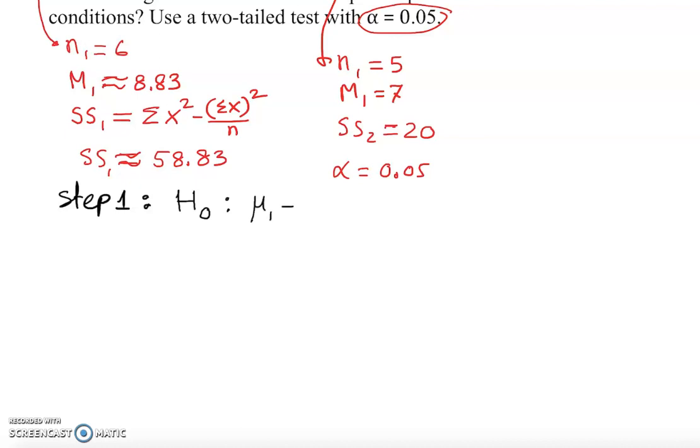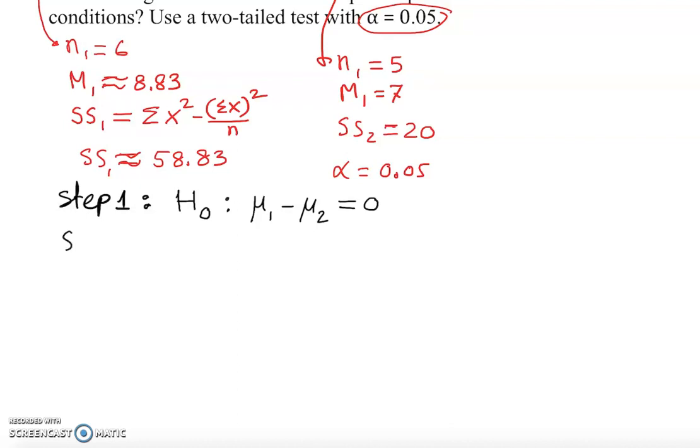Population mean 1 minus population mean 2 equals 0. We assume they are equal. Some books write population mean 1 equal to population mean 2, which is fine. Or some books say population mean A minus population mean B equals 0. Again, all of them are the same, so you don't have to worry about this. As a matter of fact, some books write that there is no significant difference between these population means.